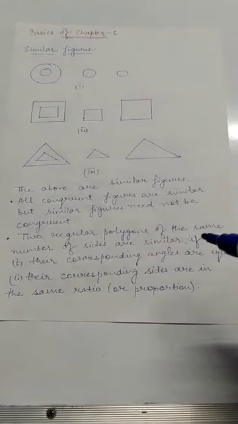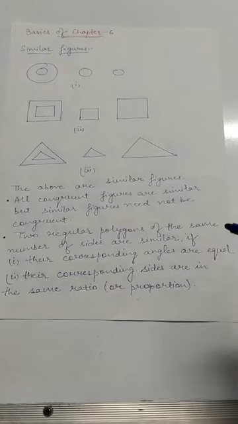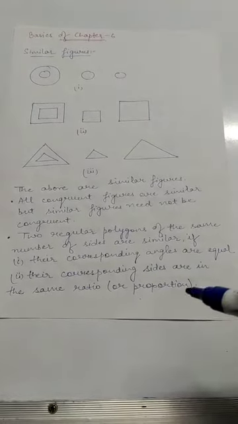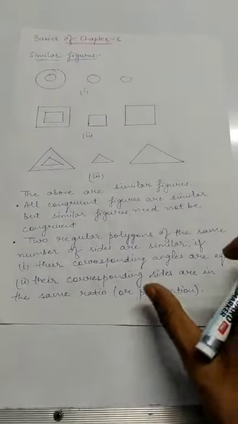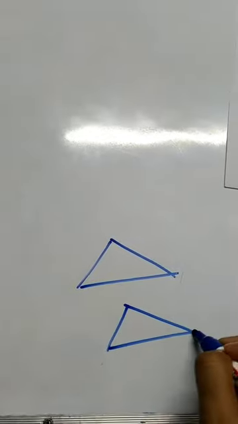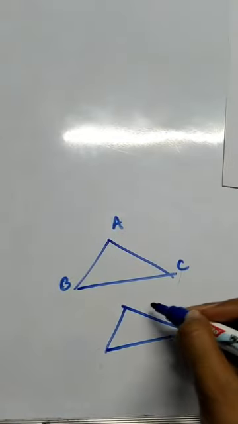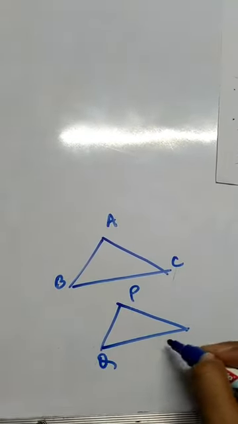Two regular polygons of the same number of sides are similar if their corresponding angles are equal and their corresponding sides are in the same ratio. What it means is that if we have two triangles, let us suppose this is triangle ABC and this is triangle PQR.